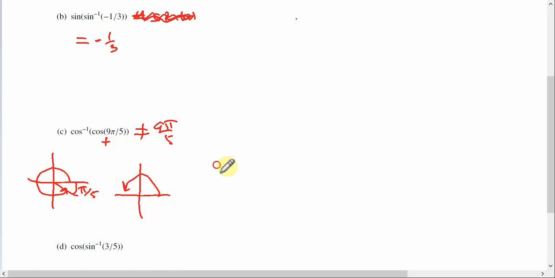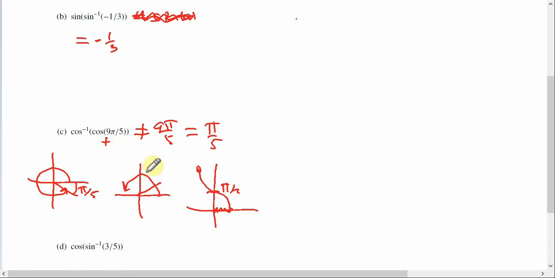If you don't remember why that is, just think of the graph of cosine inverse. It starts here and goes like that. These are the positive numbers. This is 0 to pi over 2, so output is from 0 to pi over 2 if you give me an input that's positive. So I have to take this reference angle and put it in quadrant 1. That's pretty easy. It's just going to be a positive pi over 5. So I'll get pi over 5.